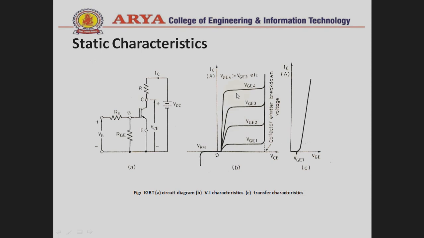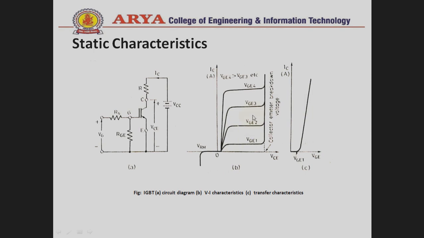This characteristic is similar to the power MOSFET output characteristics. And the second one is the transfer characteristic. It is a plot of collector current versus gate-emitter voltage, and this characteristic is similar to the transfer characteristic of the power MOSFET.